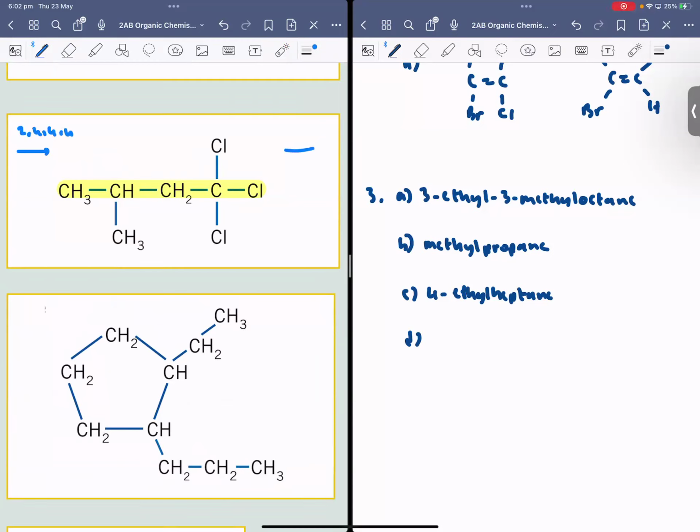And if I start counting the other way, the numbers are 1, 1, 1, 4. Now, what's the rule? You don't add them up. You only add them up in cyclic things. In a cyclic thing, the order of priority is such that the sum is the lowest. But this is not cyclic.